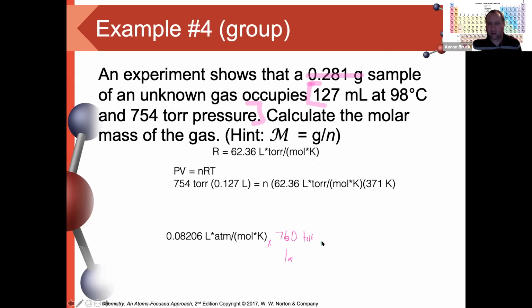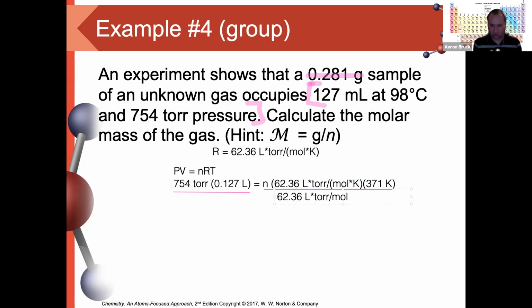So if we do the division, we would be dividing both sides by 62.36 liter torr per mole Kelvin and 371 Kelvin.